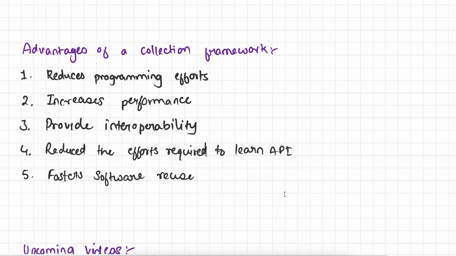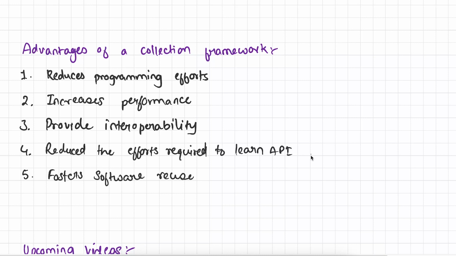So the next advantage of the collection framework is that it reduces the effort required to learn APIs. Now again, this is a really interesting point. We do not need to learn the APIs of all collection classes. The reason is simple: the add method of one collection class is the same as the add method of another collection class.